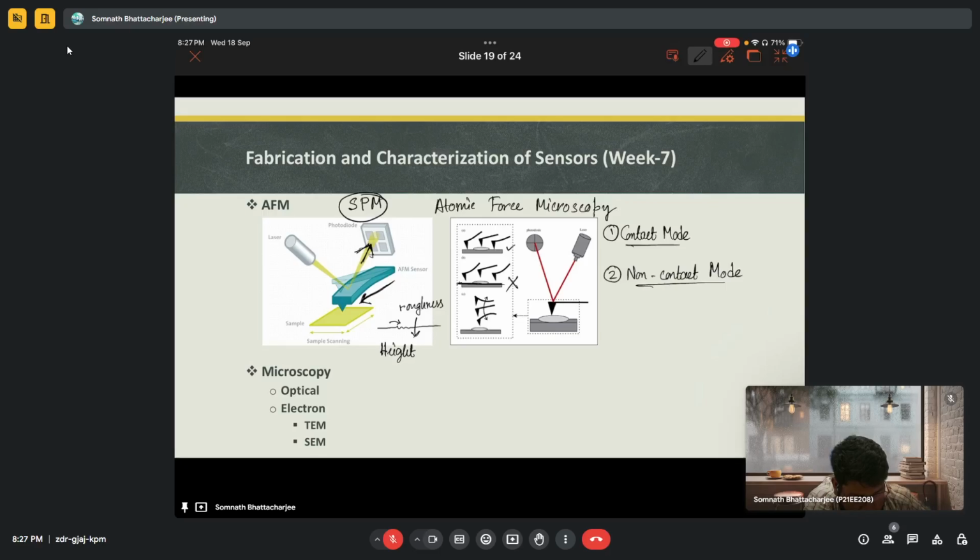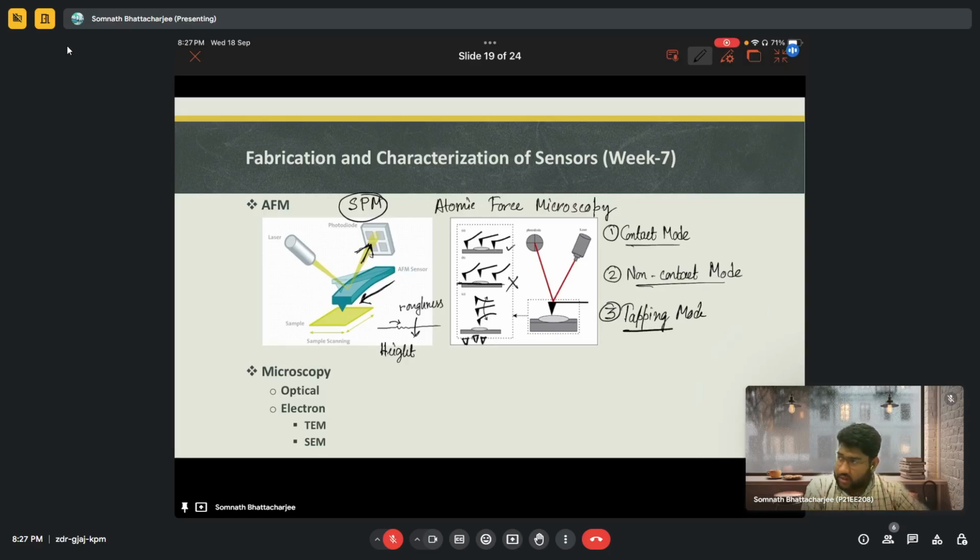The third one is the tapping mode, which is the most sophisticated mode, where the tip touches your surface for some time and is above it for some time, and then in the next instance it touches your substrate again.